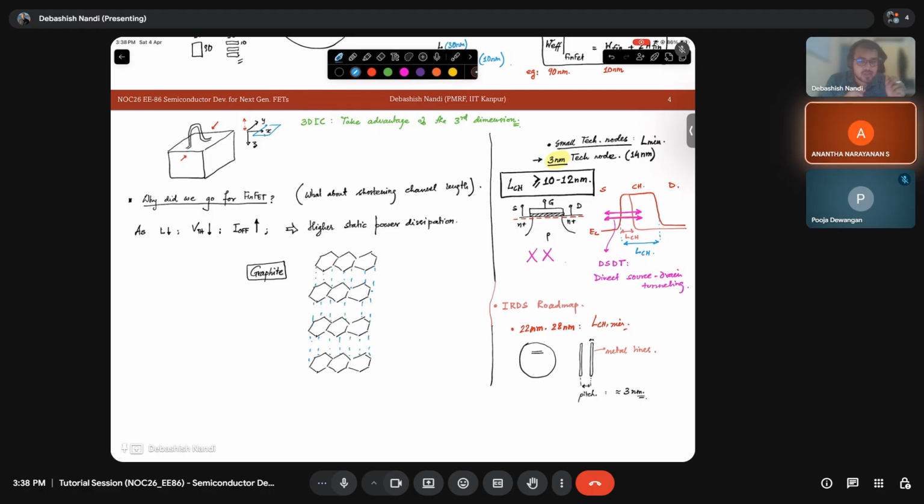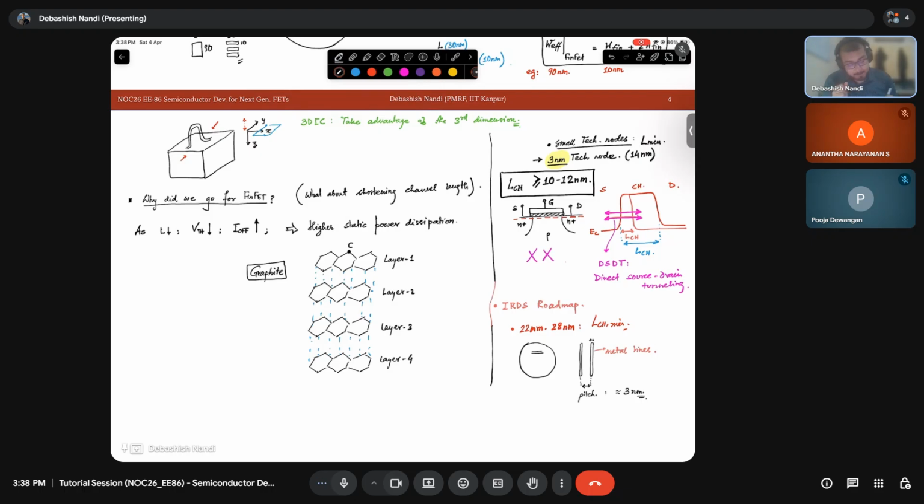So let's say this is layer 1, this is layer 2, layer 3, layer 4. What is the material of graphite? Carbon, right?